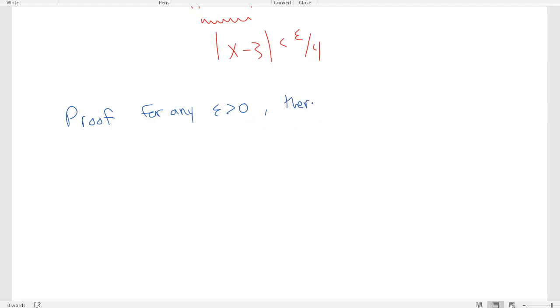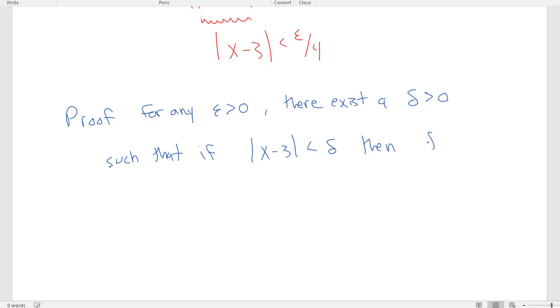So we basically say there exists a positive delta such that if the distance of x from 3 is less than delta, then we can get arbitrarily close to 7 for my function values. So what we'll do in the proof in this case is we'll say let's choose delta to be epsilon over 4.